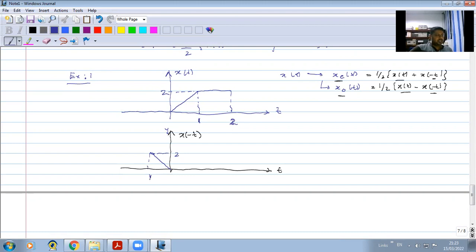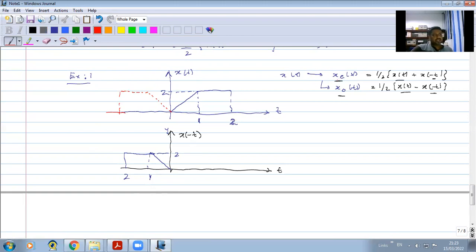Then 1 to 2 is a constant value. So this is the mirror image, no? That means the time reverse signal.